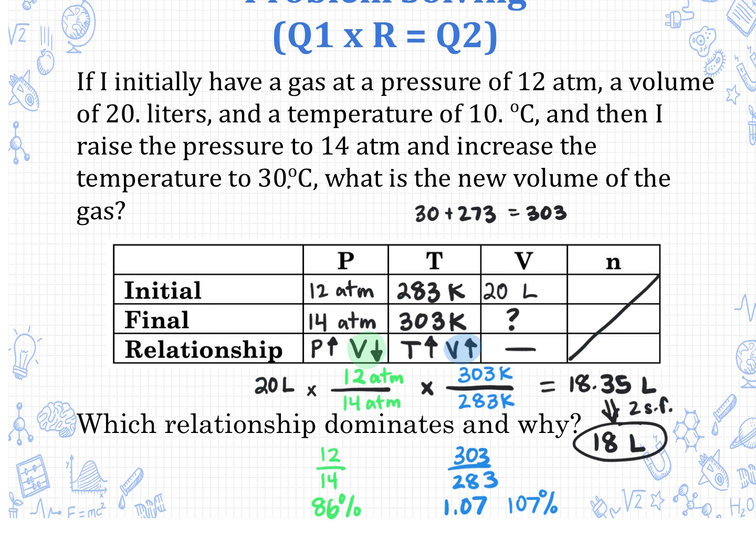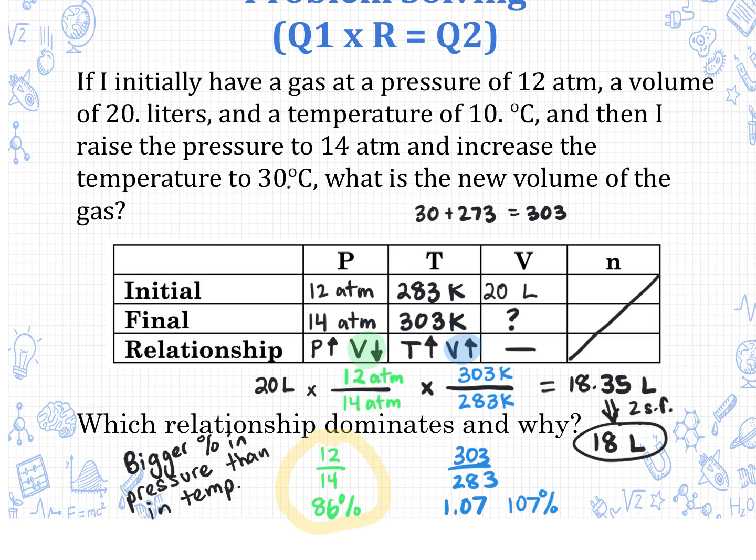Well, the pressure relationship is going to dominate, and you can see it wins out. The volume did in fact get smaller. 18 is smaller than 20 because there was a bigger percent change in the pressure than in the temperature. Temperature only had a 7% change, where pressure had a 14% change.